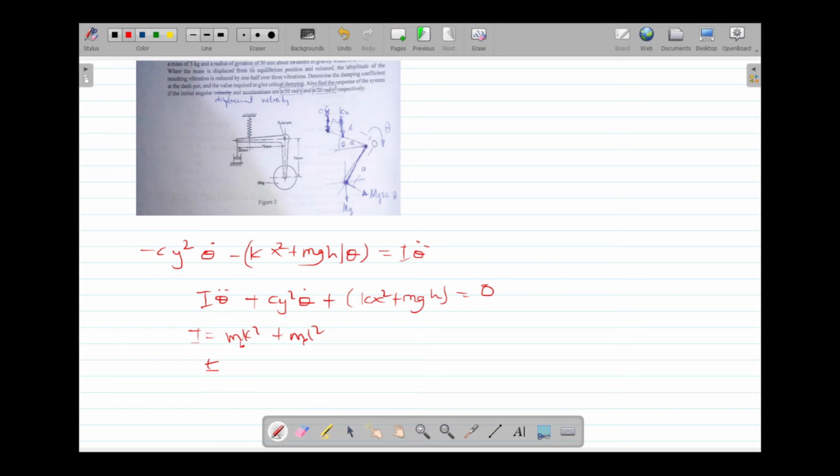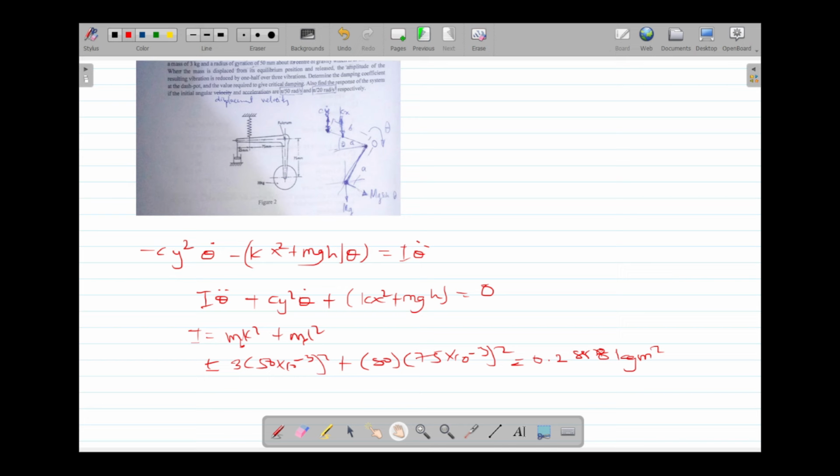So the bell crank, the mass is 3 kilogram, radius of gyration is 50 mm, so 50 times 10 power negative 3 squared, plus the mass of the pendulum is 50, and then the height is 75 mm, so 75 times 10 power negative 3 squared, and this gives us 0.2887, or let's make it 0.2888 kilogram meter squared.